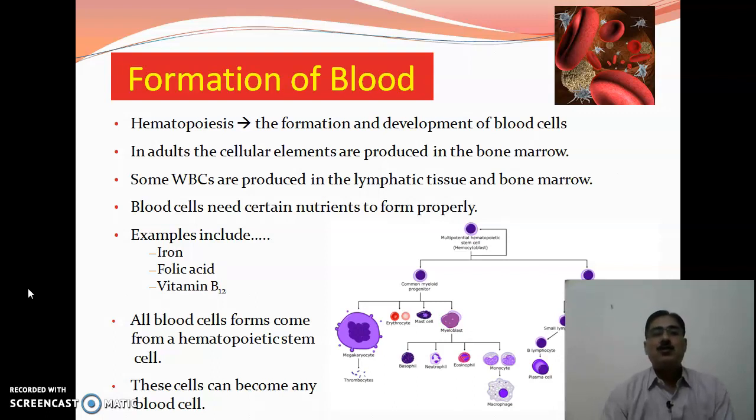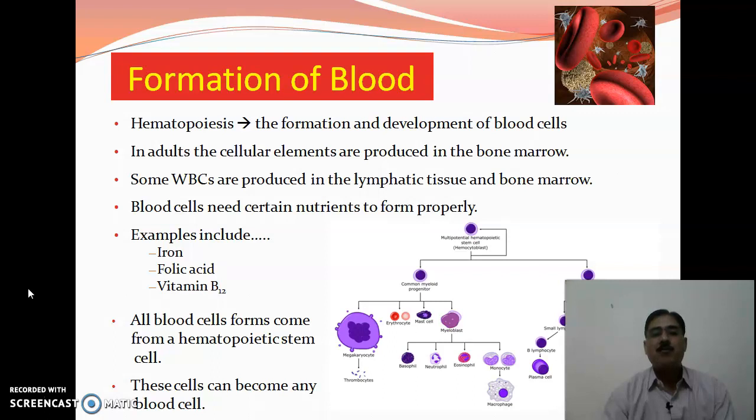Blood cells need certain nutrients to form properly, and these examples include iron, which is required for the formation of the respiratory pigment, that is hemoglobin in human beings; folic acid, which is responsible for maturation of RBC; and similarly we also require cyanocobalamin, that is vitamin B12, a vitamin of the B complex series, for proper development of erythrocytes.